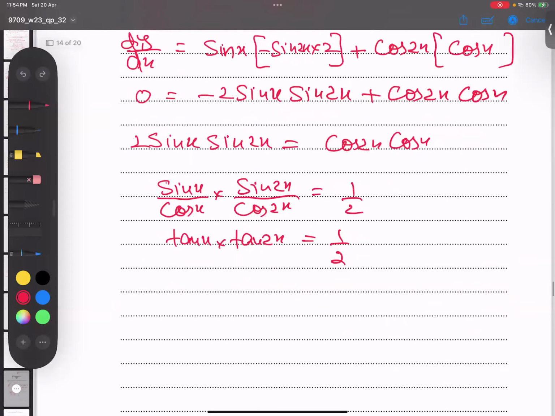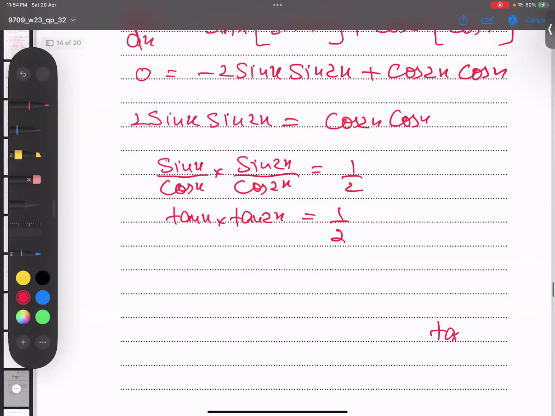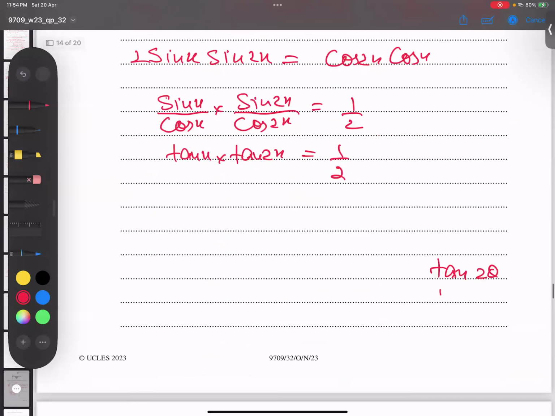So what is the tan double angle formula? You know, tan of double theta is actually tan of theta plus theta. This formula is available in the formula sheet. Basically, tan first angle plus tan second angle over 1 minus tan first angle into tan second angle.